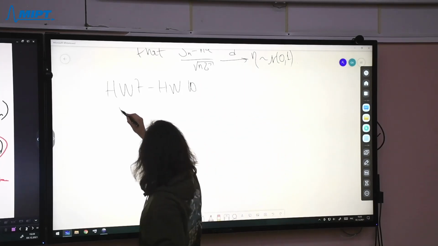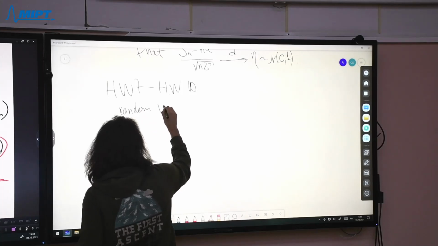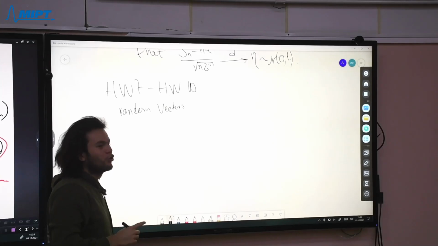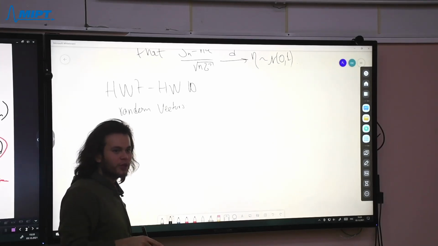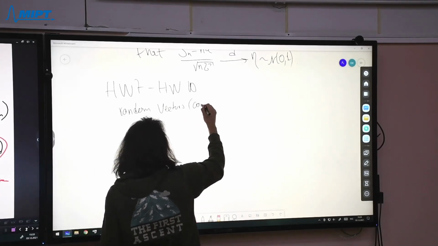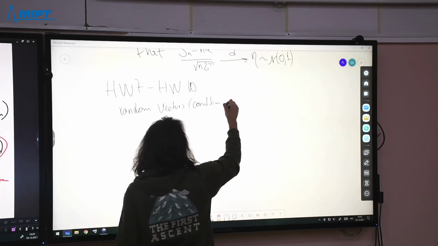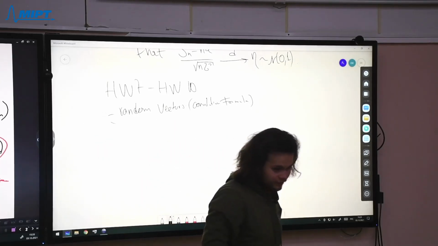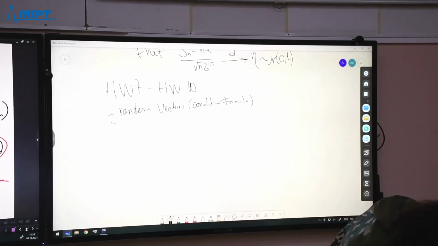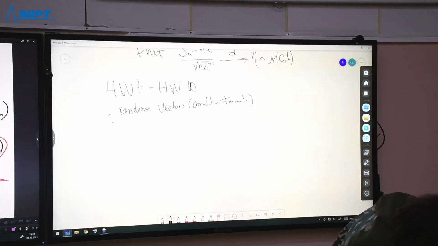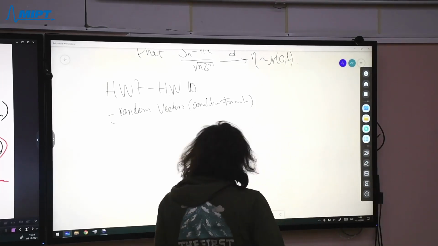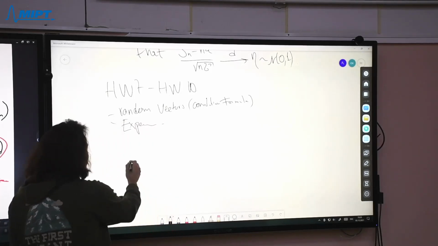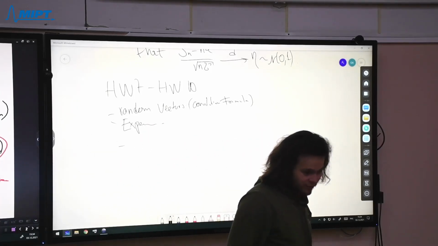So, random vectors. So you have to use the convolution formula, right? Then we have expected value, yes. Different things. So the expected value for some random variables or some distributions that we have.